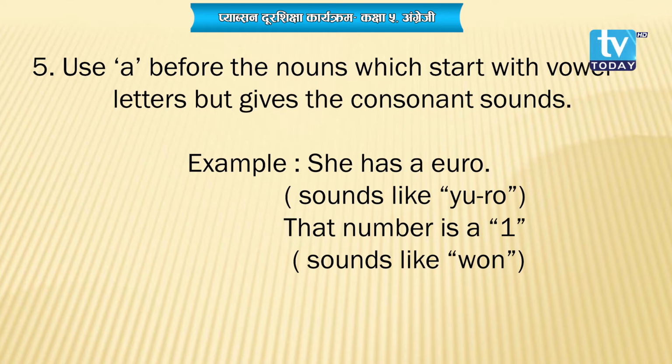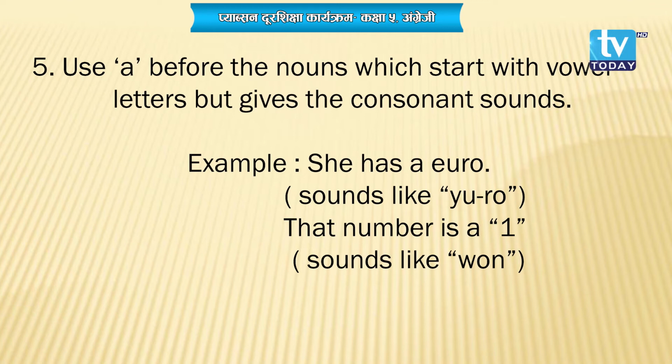Otherwise, in a general sense, students may think of using 'an' in front of euro. But really here we are talking about the sounds, so 'a euro' should be written there. Another example: the number, that number is a 1.